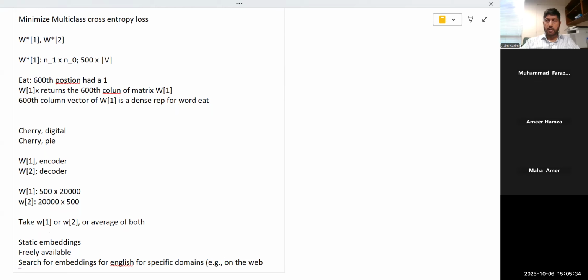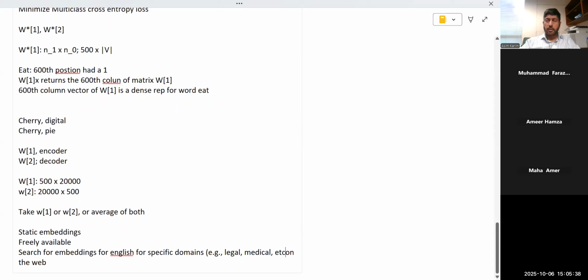So e.g., legal, medical, etc. And also for languages, let's say for Urdu, let's say maybe I can ask you कि किसी ने पश्तो के लिए डेवलप की हुई कि नहीं की हुई. So maybe you can do this simple Google work and tell me next time कि पश्तो की embeddings available हैं कि नहीं है. उर्दू की तो हैं मुझे पता है, but you can search them up as well. And also कि English की domain specific embeddings कौन सी हैं.